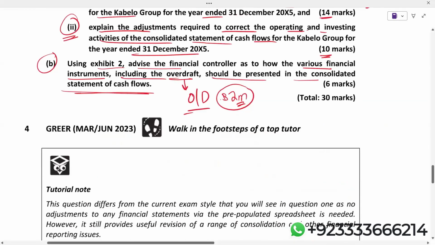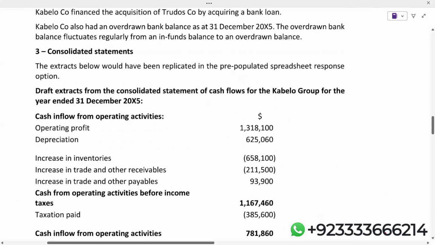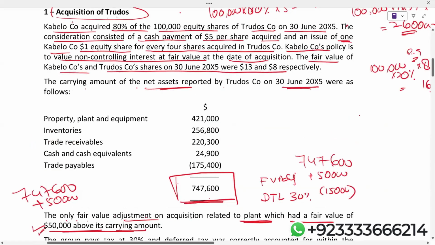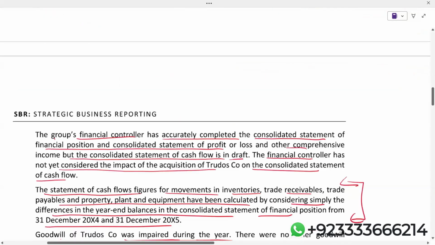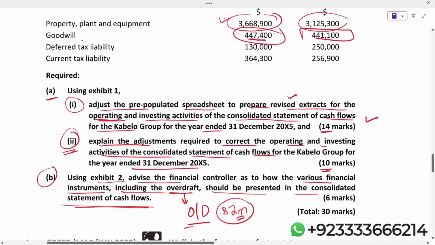Okay. Due to acquisition of Trodor's subsidiary, look at this. Carrying amount of net assets of Trodor's. We acquired a subsidiary and the property, plant and equipment which came with the subsidiary is 4,21,000.